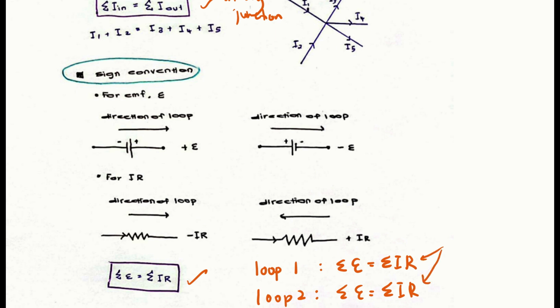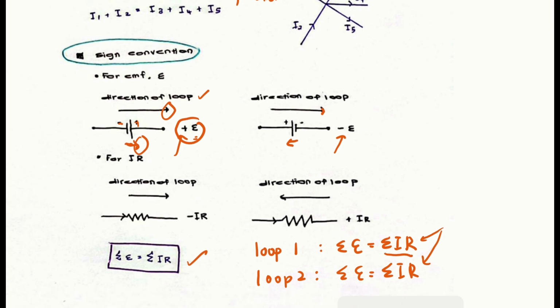The first one is, if the direction of the loop equals the direction of EMF, where the direction of EMF is from negative to positive, which we draw next to the symbol of the battery, meaning that the value of EMF is going to be positive. But if it is different, the value is negative. The same goes for the term IR.